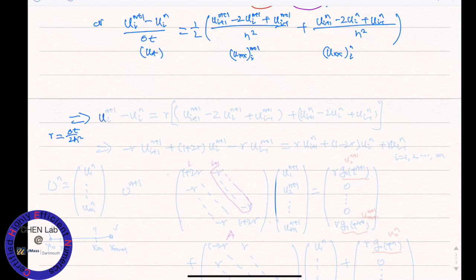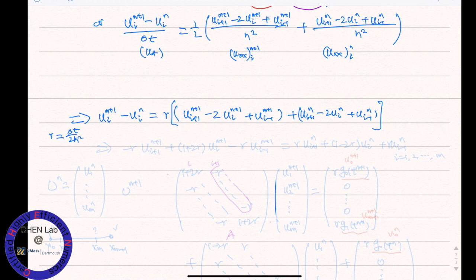Let's do it step by step. We have u_i^{n+1} minus u_i^n. We multiply both sides by delta t. We have r times (u_{i+1}^{n+1} minus 2u_i^{n+1} plus u_{i-1}^{n+1}) plus (u_{i+1}^n minus 2u_i^n plus u_{i-1}^n). Then we move the n+1 terms to the left and the n terms to the right, and combine similar terms.